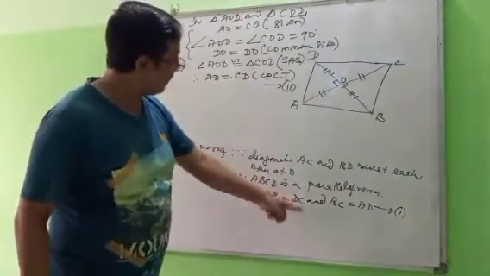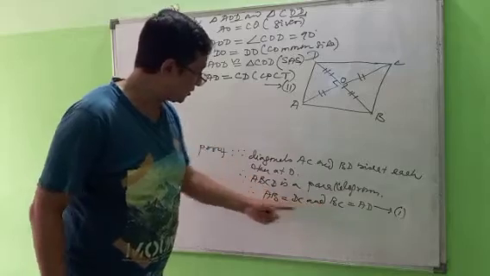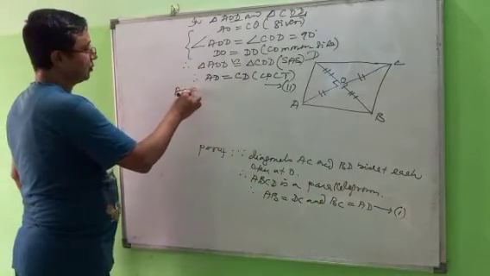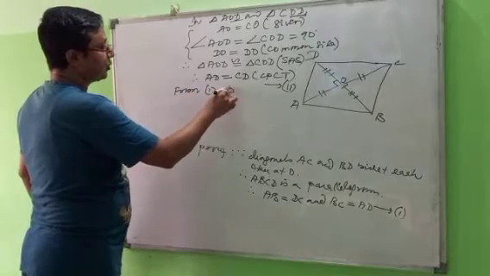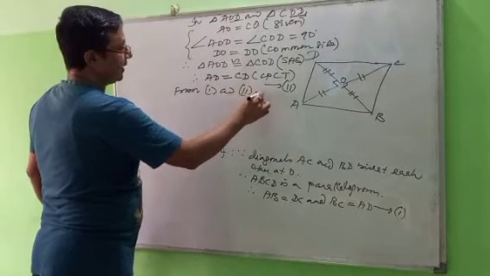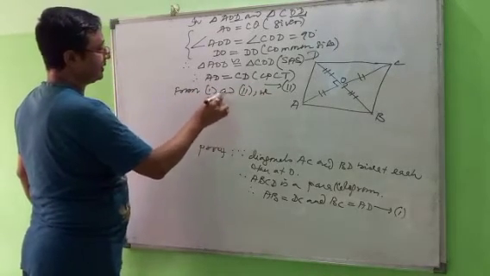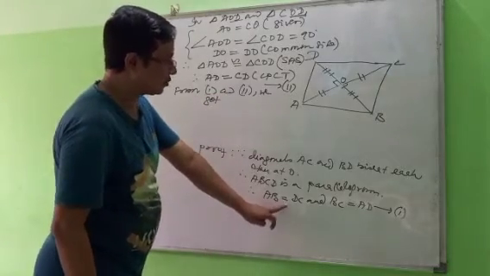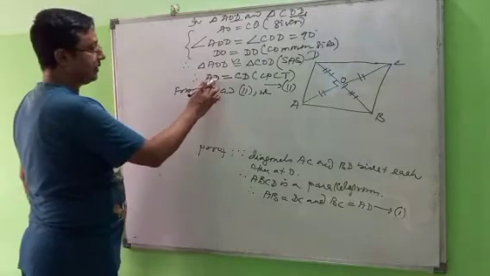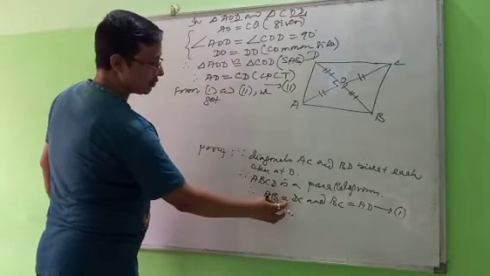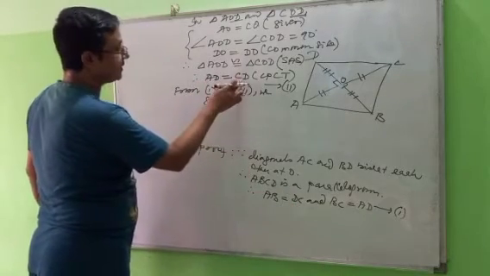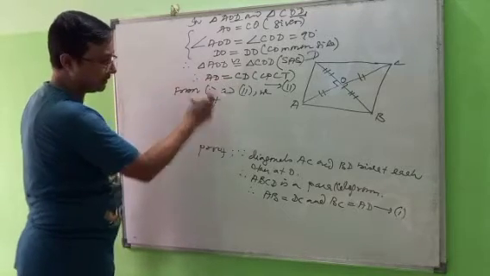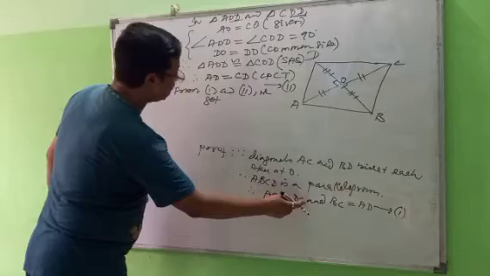So by comparing these two equations, from 1 and 2, we get, let us take AB equals DC. So in place of DC, you have got AB. That means CD equals AD.